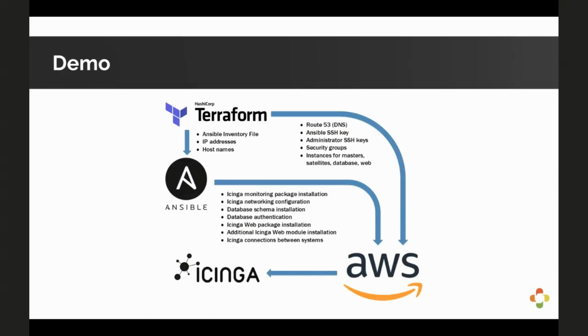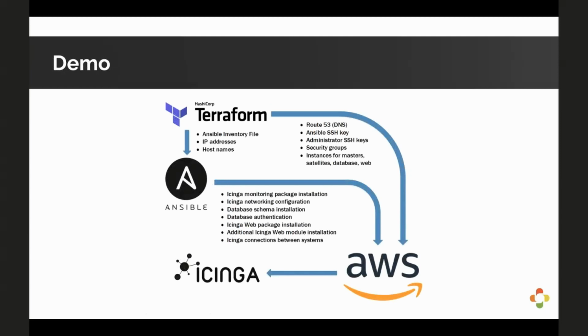Okay, so this slide explains how our Terraform Ansible demo is going to work. We first are going to run Terraform, and it's going to create a number of virtual machines out there in AWS. It's going to make some Route 53 entries so that DNS can be used to access those machines.